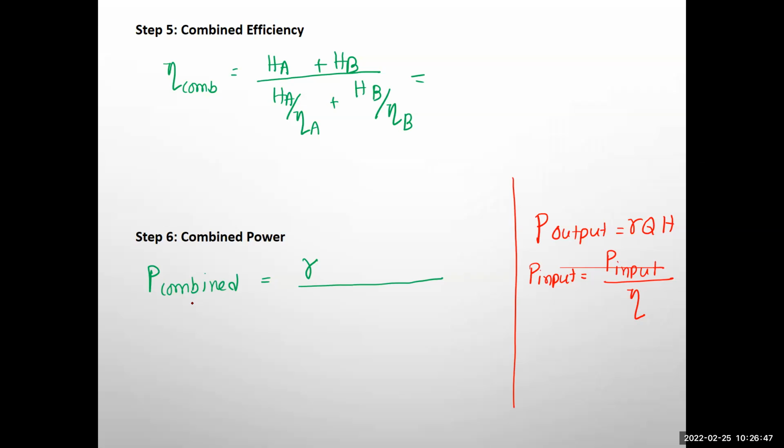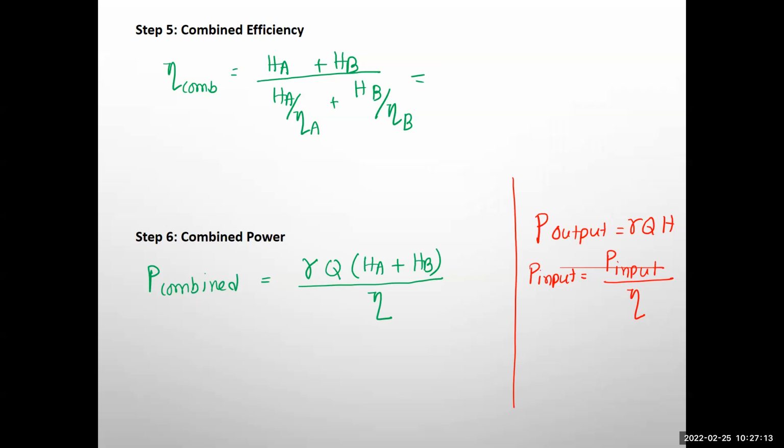Power combined is actually power input combined here. So what you will do, since we have 2H now, for pump, HA plus HB, or the combined head, that is okay, and the epsilon.